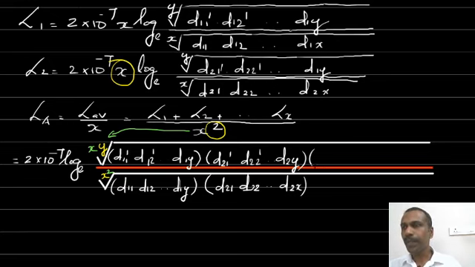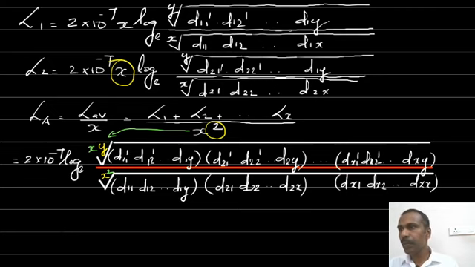So we can write this expression as 2 into 10 raised to minus 7 into logarithm to the base e of Dm divided by DsA.